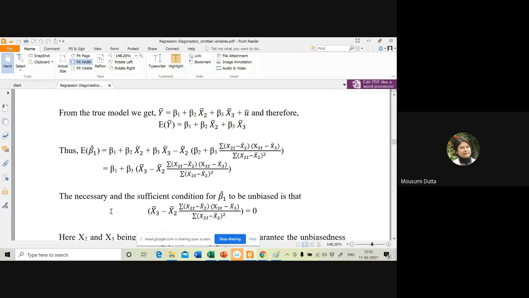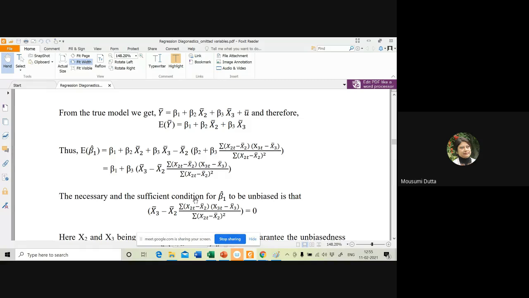Now, again, if you look at the calculation step by step, you will find that expectation of beta 1 hat is equal to beta 1 plus this big factor, beta 3 into this big factor. Okay.